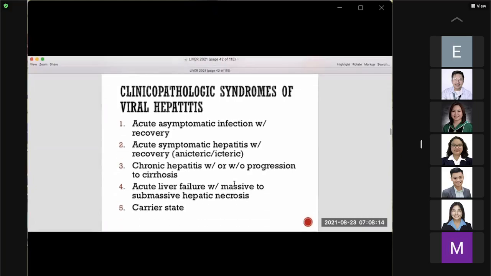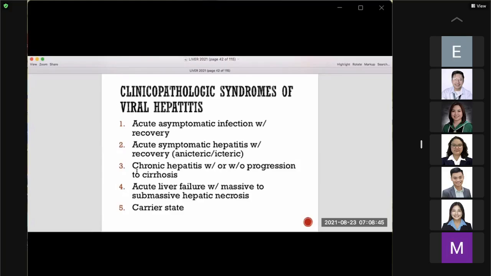What are the clinical pathologic symptoms that we see in viral hepatitis? They can lead to an acute asymptomatic infection with recovery, which is good, of course, or it can be acute symptomatic, where the patient manifests, but still with recovery, with icterus or without it.